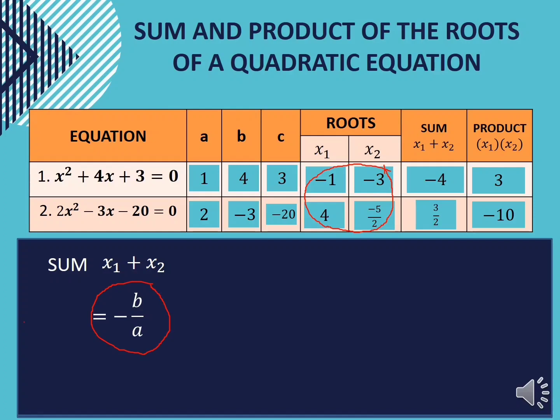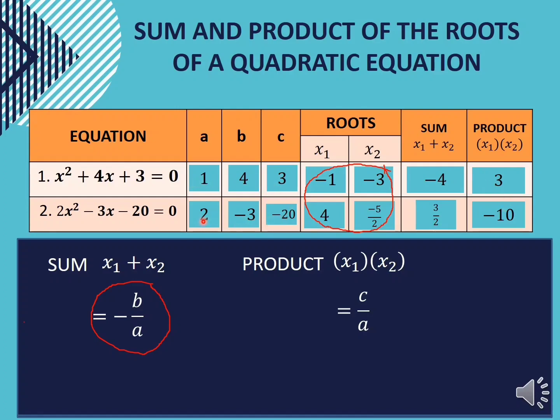How about C, the product? 3. Tapos ito naging negative 10. Ano nangyari? Okay, very good. Ang formula na ginagamit natin to get the product of x sub 1 and x sub 2 is C over A. If you notice, dinivide natin yung C by A, di ba? 3 divided by 1, that is 3.